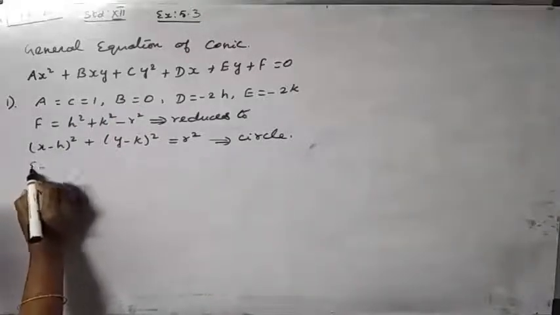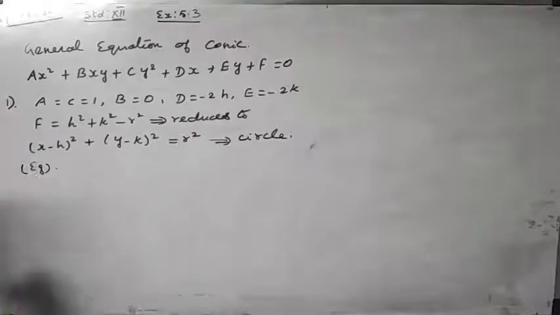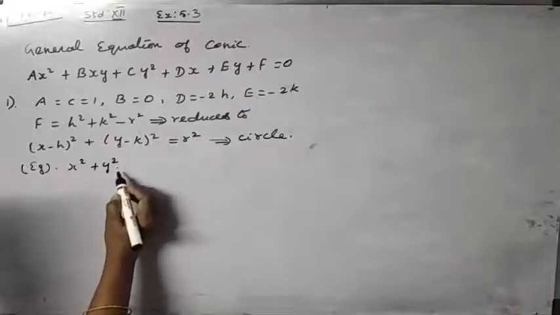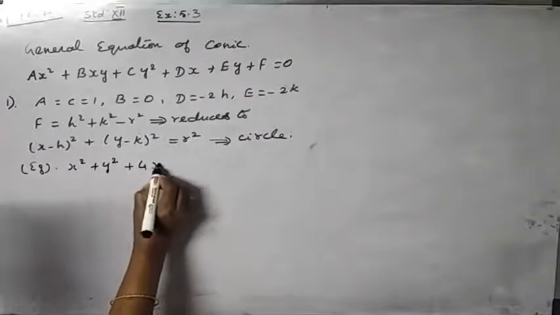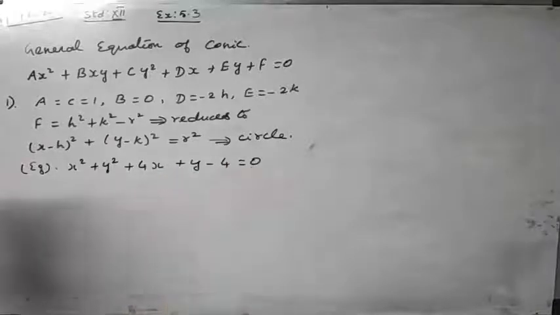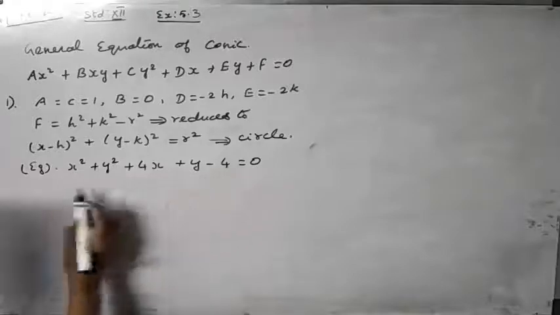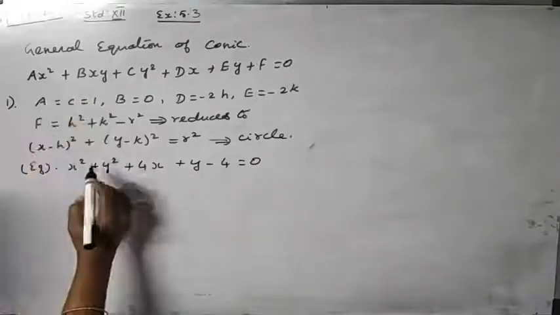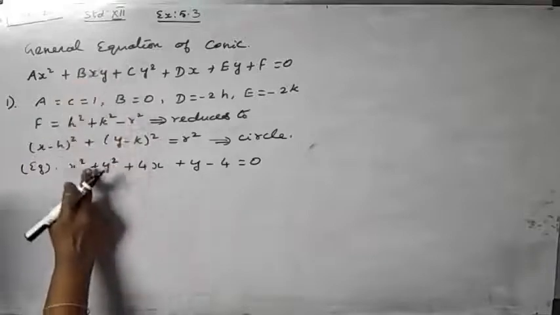For example, x square plus y square plus 4x plus y minus 4 equal to 0. Look at this equation. Compare with this second degree equation, ax square plus bxy. No xy term.